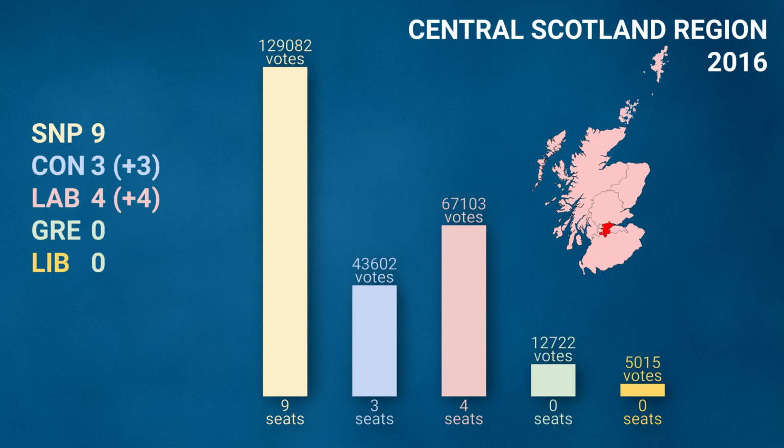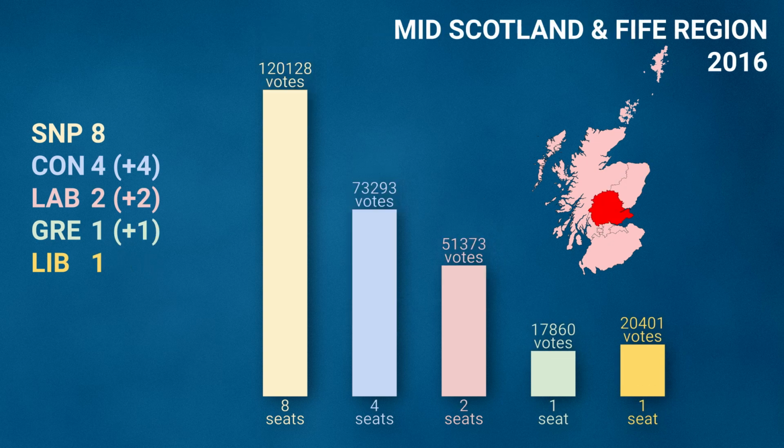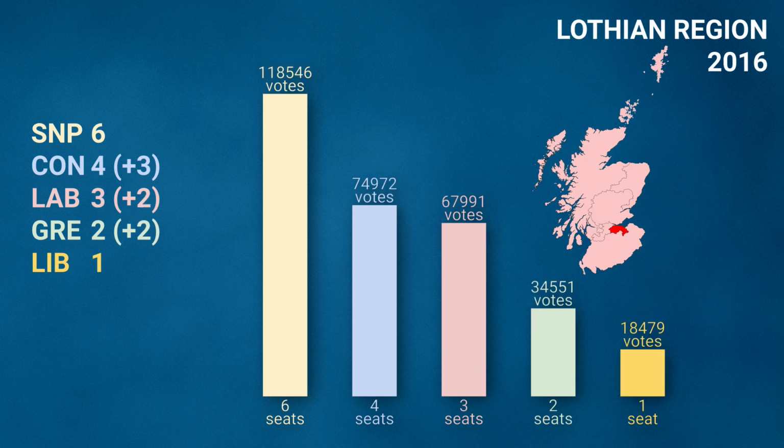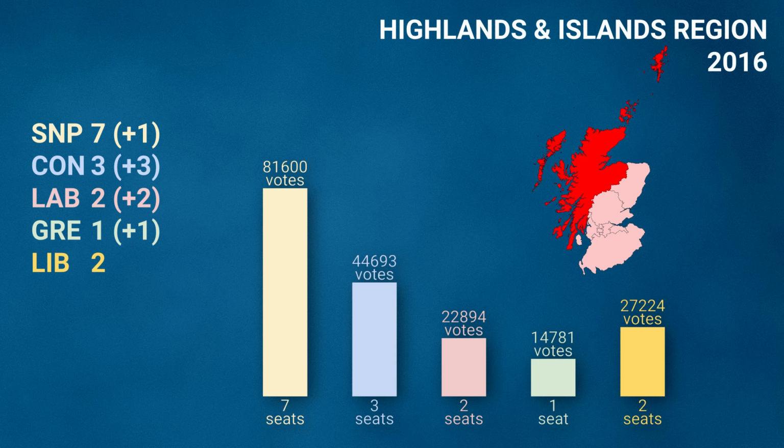In Central Scotland, North East Scotland, Mid Scotland and Fife, West Scotland and Lothian, the SNP got nothing, despite having visibly superior numbers of regional votes. In the Highlands and Islands, strong Liberal Democrat support won them both Orkney and Shetland constituencies, so SNP started out with a lower divisor for the calculations and managed to pick up a single seat.